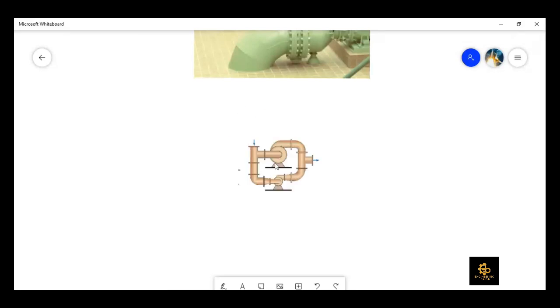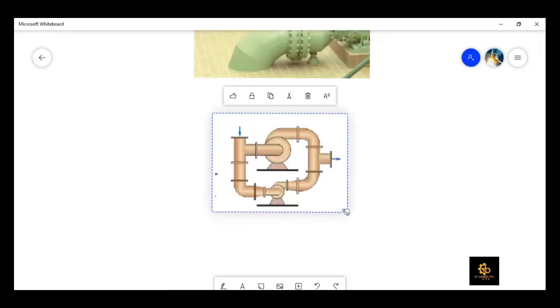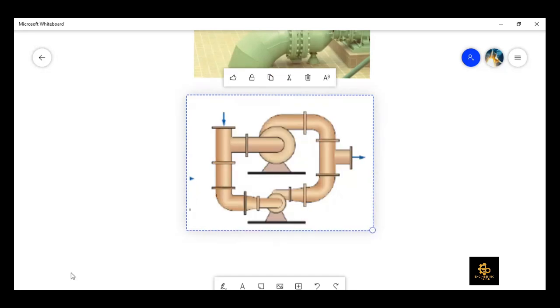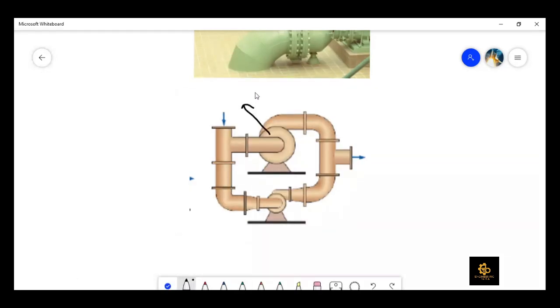Okay, so this is the piping system map, this is pump one, this is pump two. The net head across this would be the same. Now tell me whether the higher volume flow rate would go through pump one or pump two.